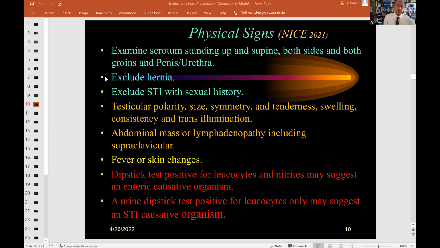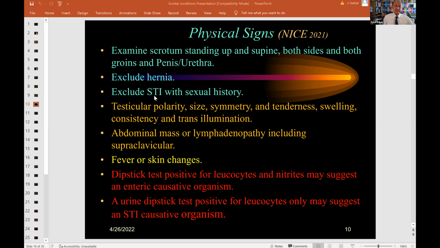You should exclude an indirect inguinal hernia, which could cause a swelling in this region because of persistence of the tunica vaginalis. You need to exclude sexually transmitted infection by taking an adequate and reliable sexual history.